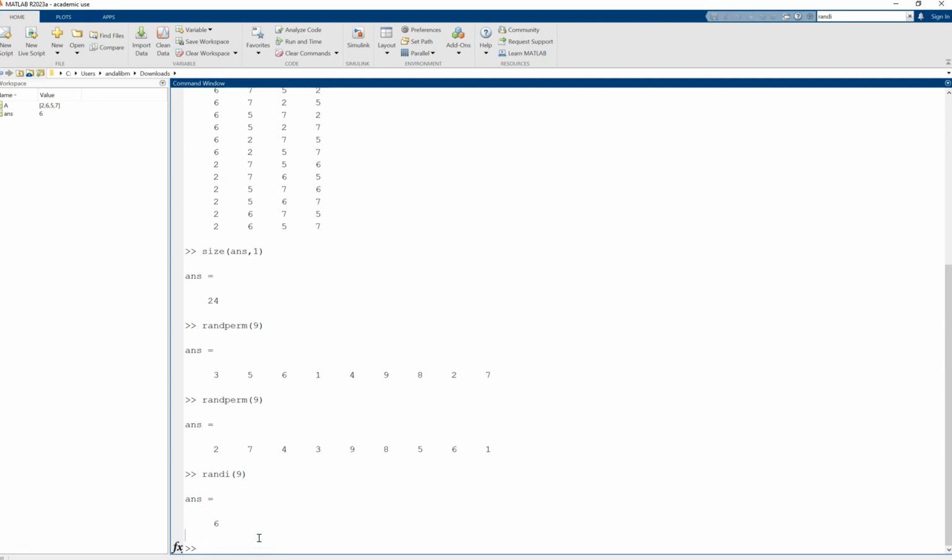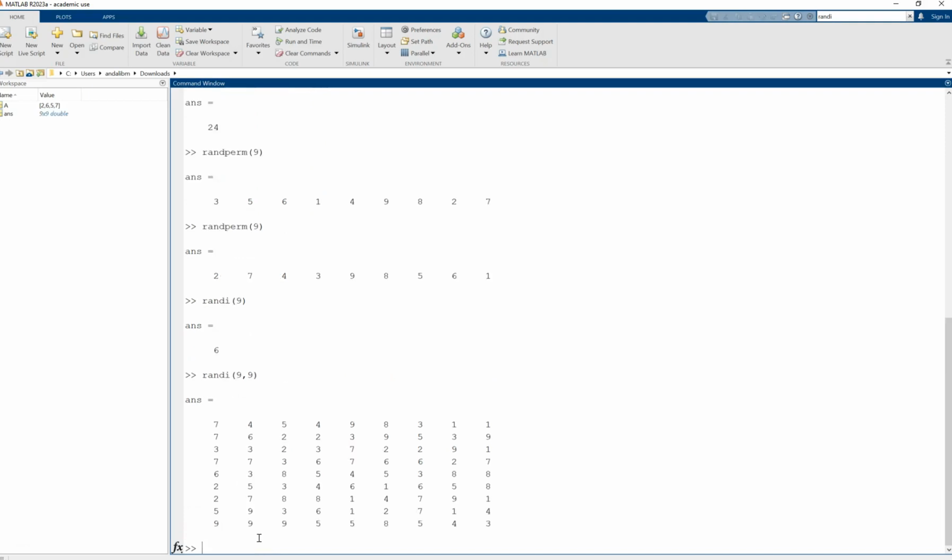If you want 9 of them, then you need to say 9 again. And now you might say, well, what happened here? When you give the size, you have to make sure you give rows and columns. Otherwise, it considers it like a 9 by 9 matrix. So if you want 1 by 9, you have to say 1 by 9.